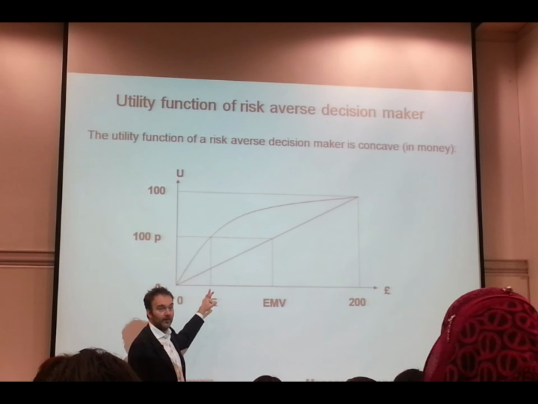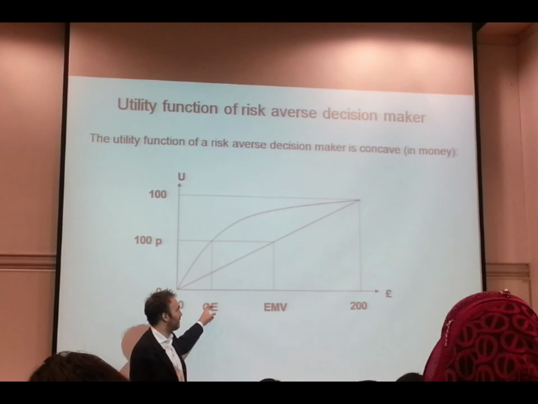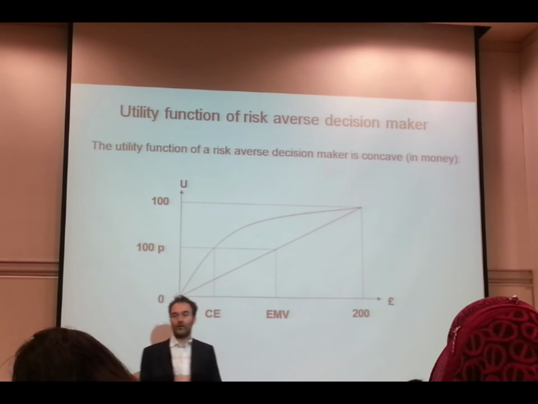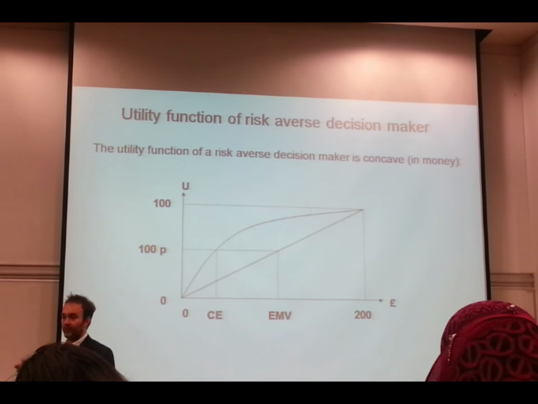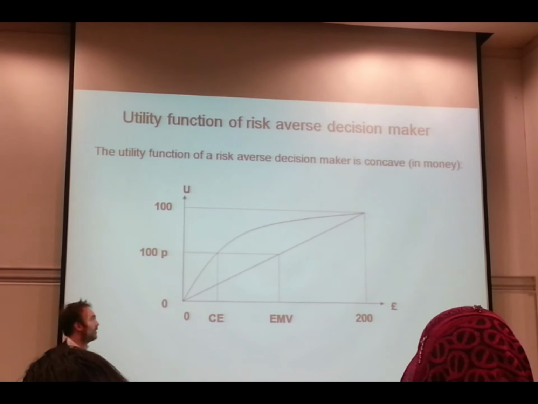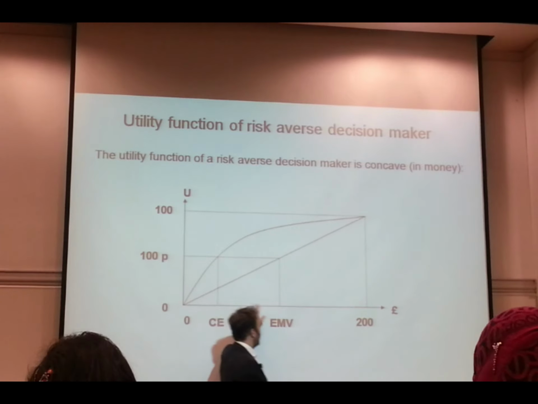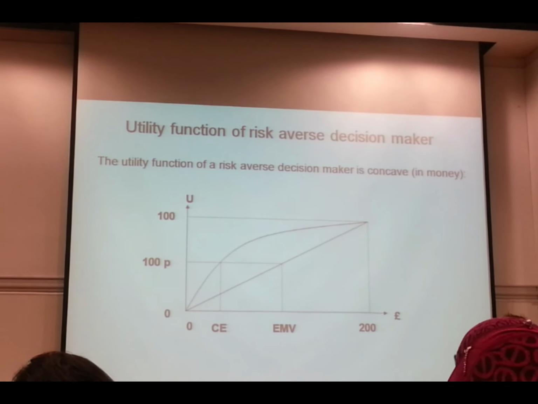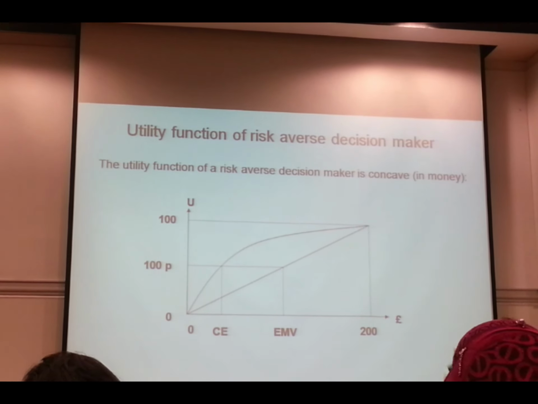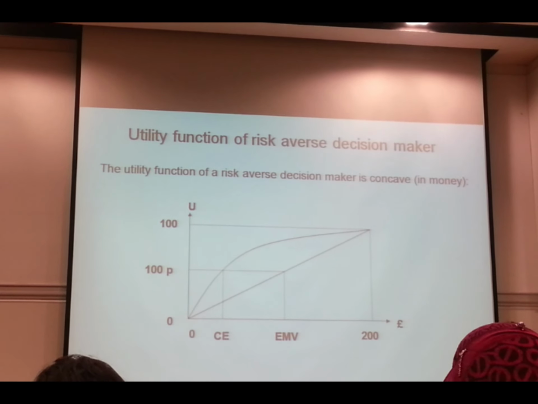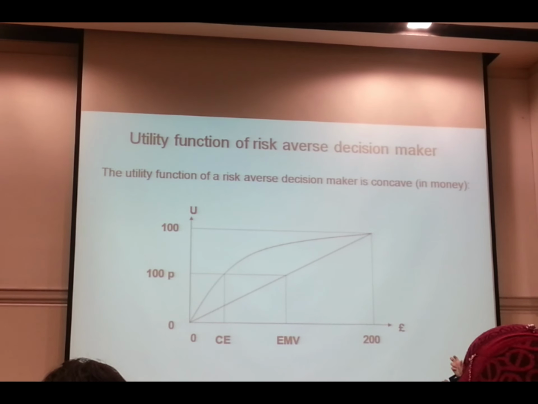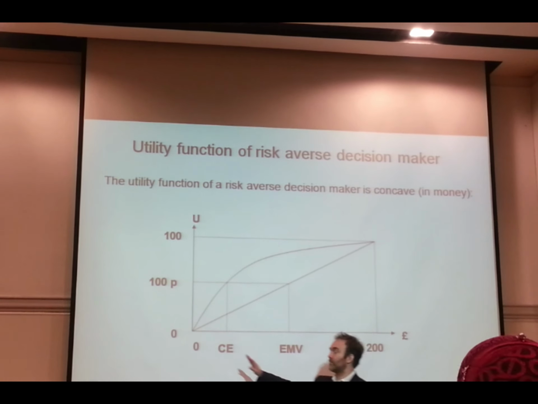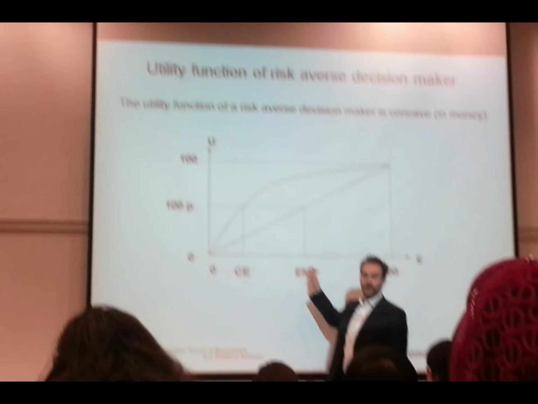I'm willing to accept a smaller amount of money if I get it for sure than to play the lottery with an expected monetary value. So here, again, we can see from the graph, the certainty equivalent being lower than the expected monetary value is a sure sign that someone is risk averse. Someone is risk averse because they are willing to take less in certain terms than something expected.